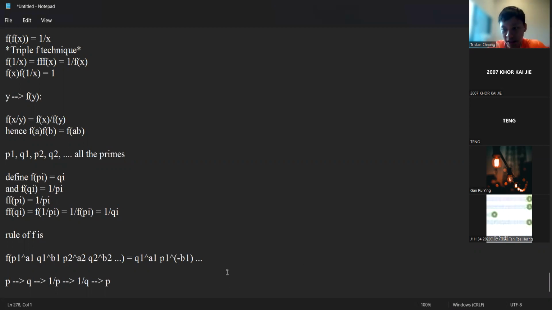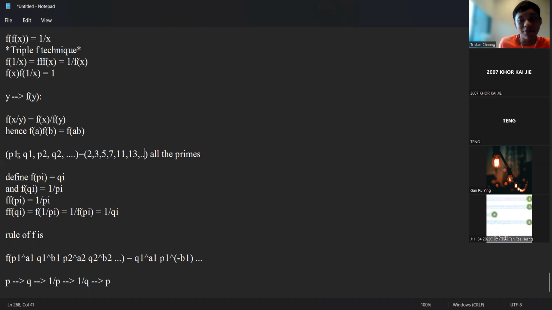Then if that's the case, any more questions? What's the difference between P and Q? Good question. Well, there's no difference. So basically, I just label the primes in this order in pairs. So this one is 2, 3, 5, 7, 11. So 2 is my P1, 3 is my Q1, 5 is my P2, 7 is my Q2, 11 is my P3, 13 is my Q3, and so on.